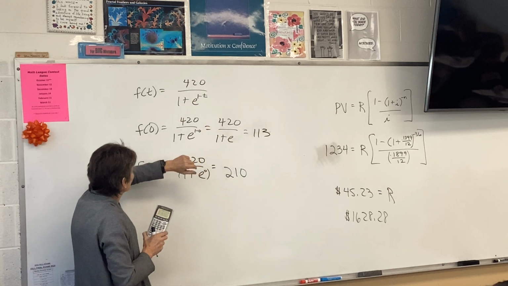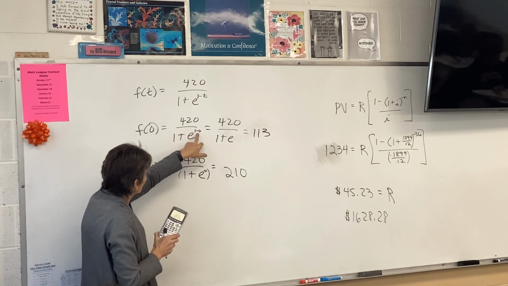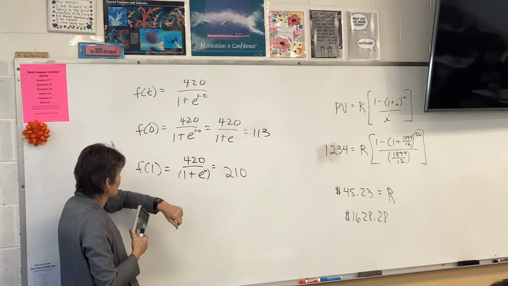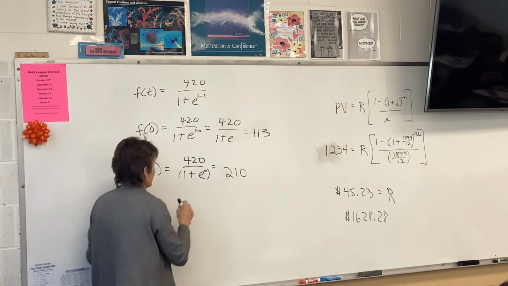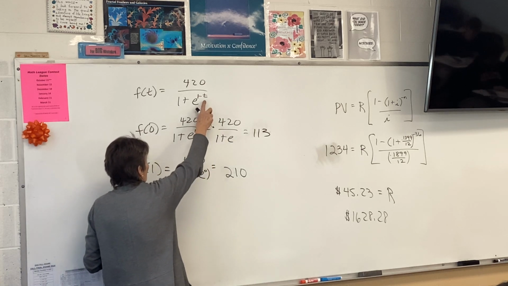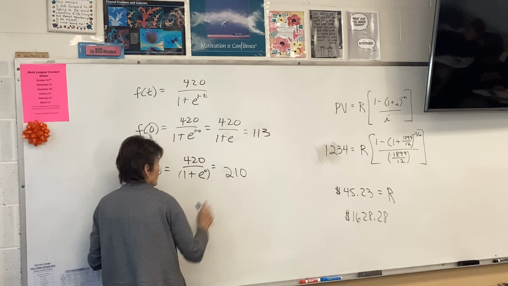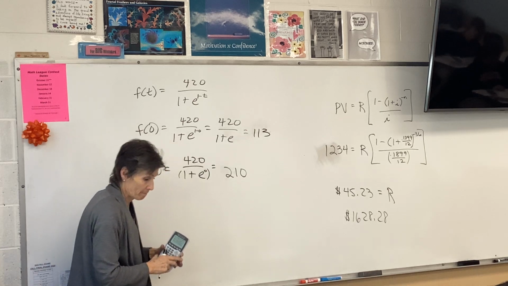So we put in 0, that gave us 1 plus e on the bottom, I just typed that in and got 113, about 112.95. This one, when I put in 1, my exponent actually came out to be 0, so I have 1 plus 1, so that one was 210.